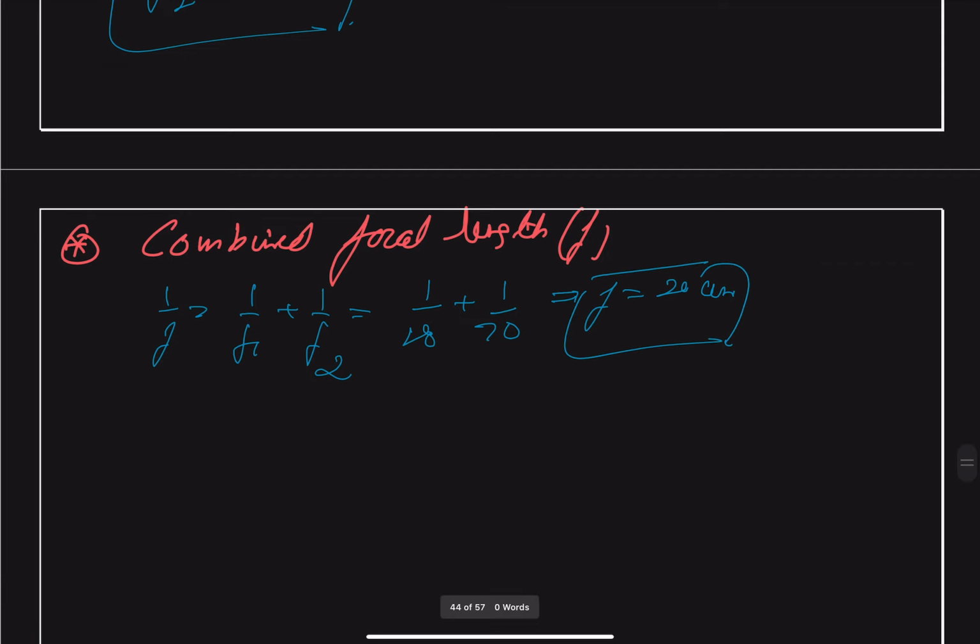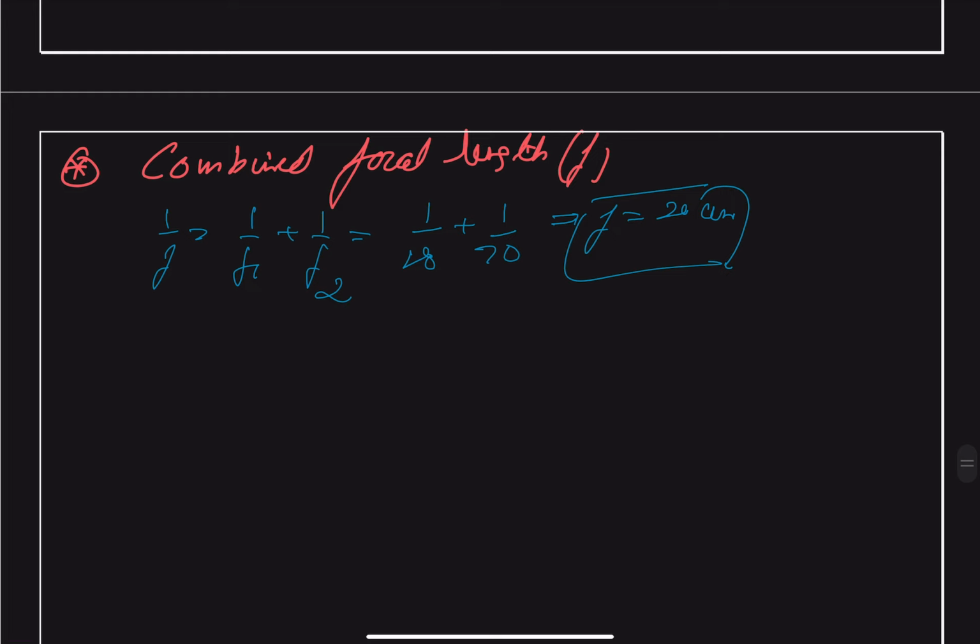And finally, we are going to find the image for this entire combination. So we can use the thin lens formula, that is 1 upon f is equal to 1 upon v minus 1 upon u. So we get this as 1 upon 20, 1 upon v, and this is minus of minus 40.